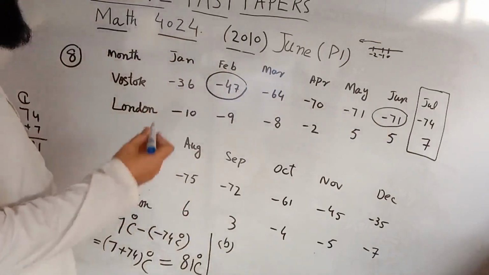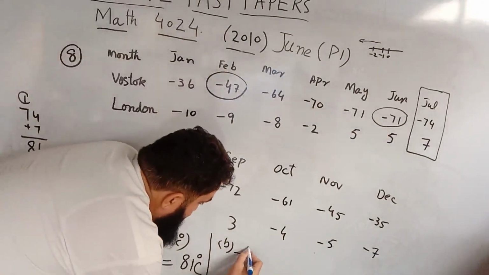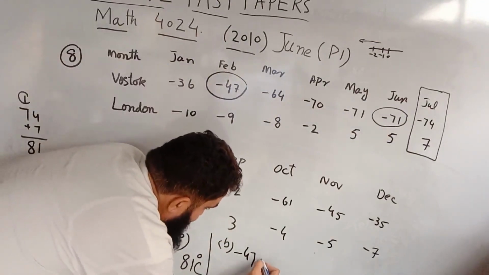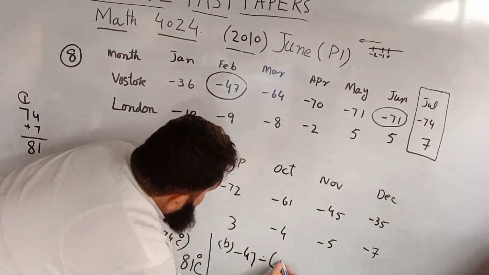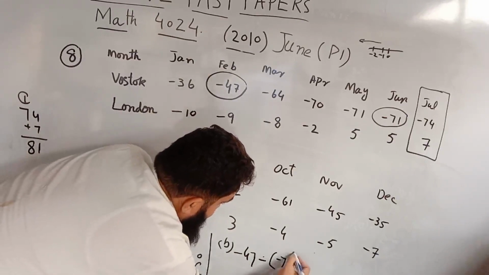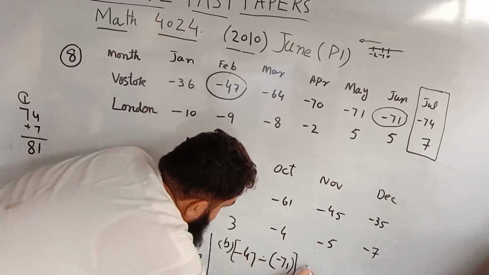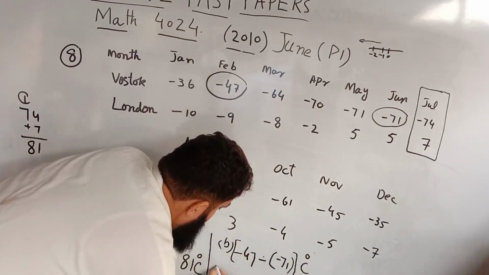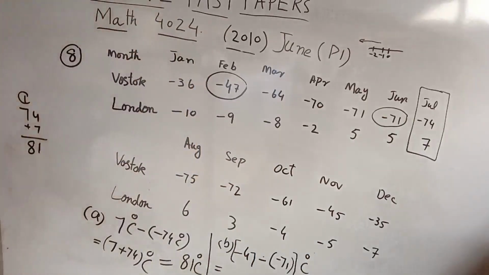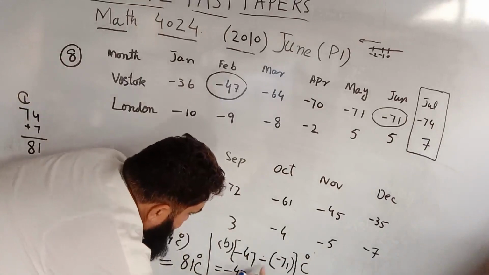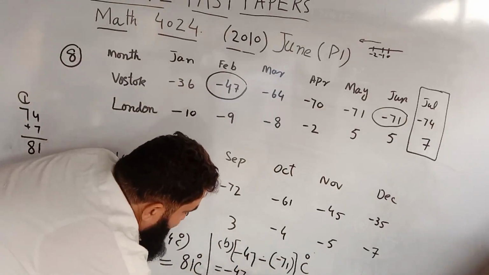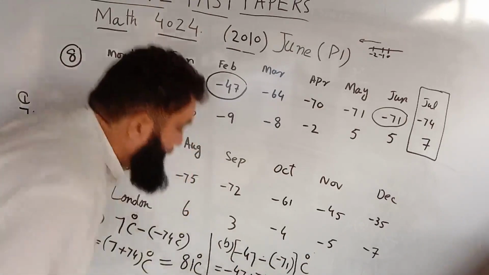So we will write minus 47 plus, minus 71, and the answer will be in degrees centigrade. So this will become, again this is minus 47 and this is minus minus plus, so this will become plus 71.